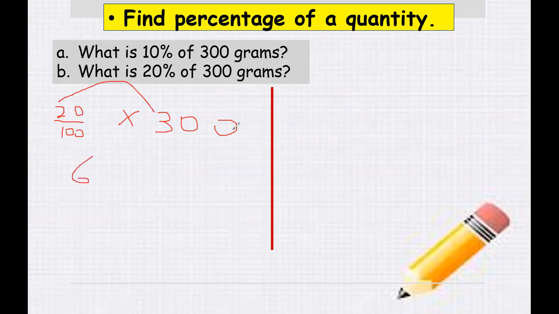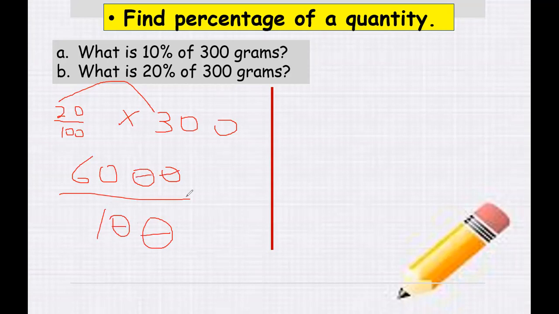How many zeros do we have? 3 zeros. So 20 times 300 is 6,000 over 100. Since we have 2 zeros here, 6,000 divided by 100 is, so what's the answer? 60.